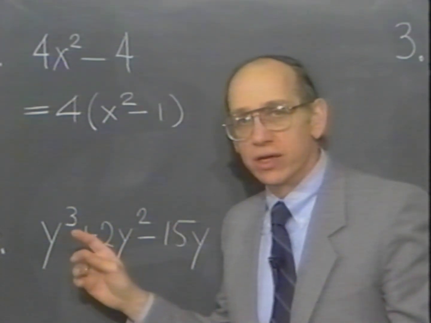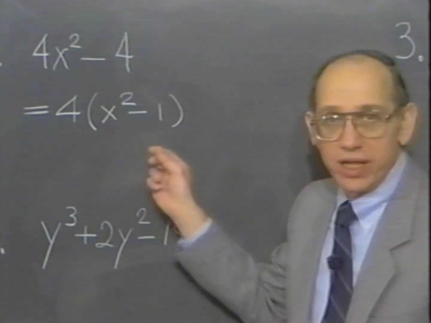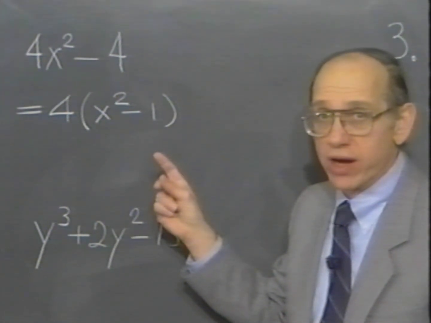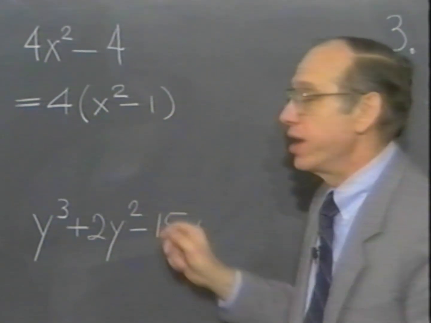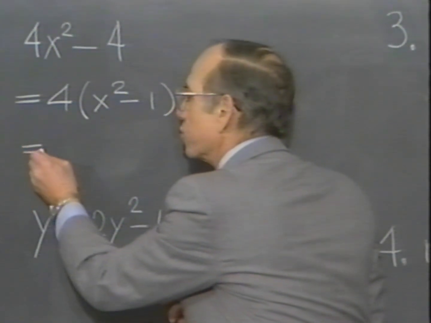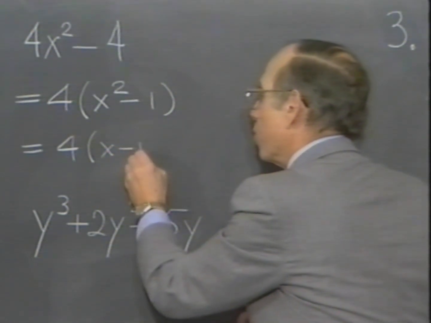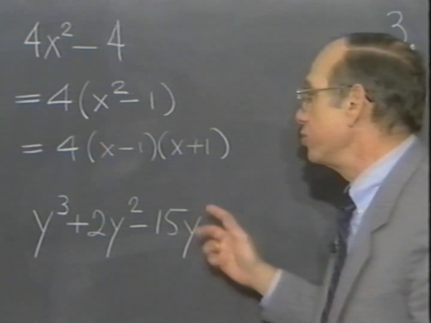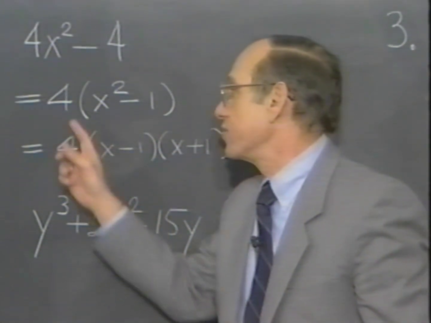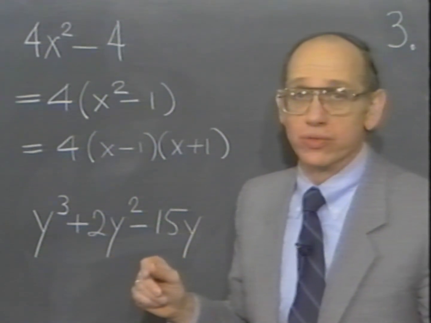Having done that, we recognize that x squared minus 1 is the difference of two squares, right? This is really x squared minus 1 squared. And we know how to factor the difference of two squares, so this is 4 times x minus 1 times x plus 1. And you see we use two types of factoring successively, the common factor first, and then we factored the difference of the two squares.